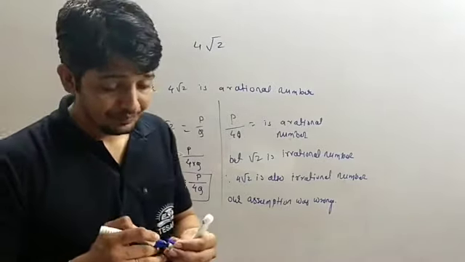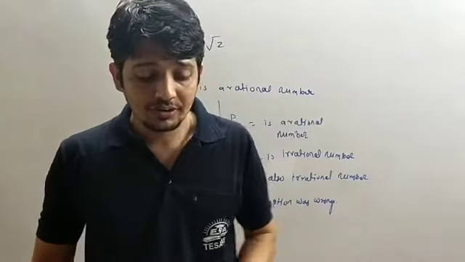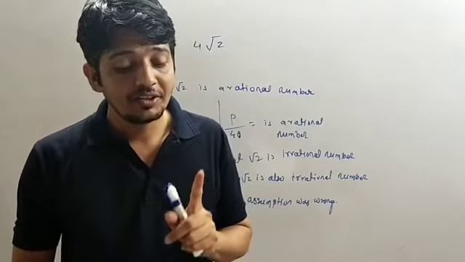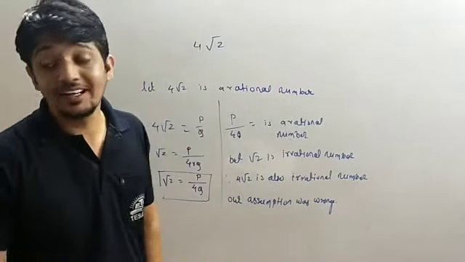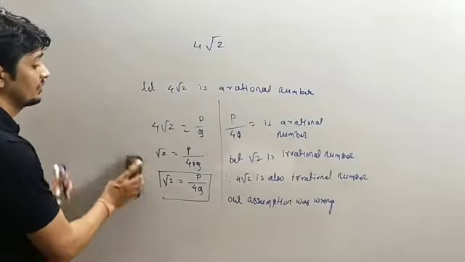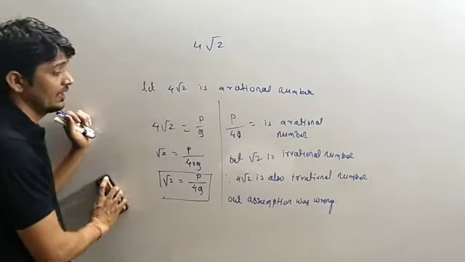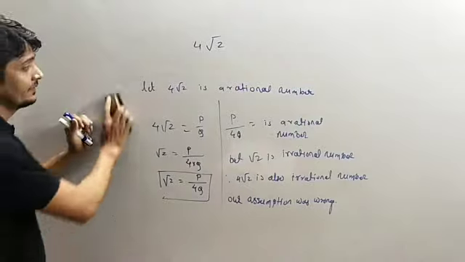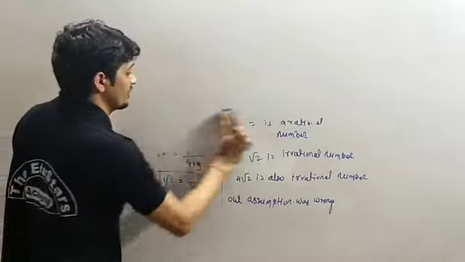Now we have the second question, from practice set 2.2 on page number 25: prove that 3 plus root 5 is an irrational number. I hope you have written it.